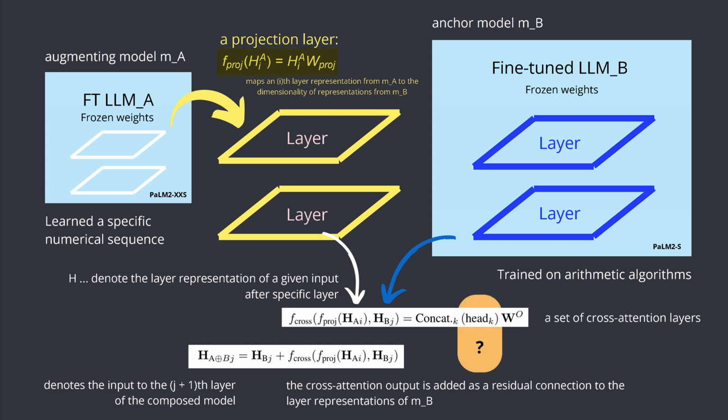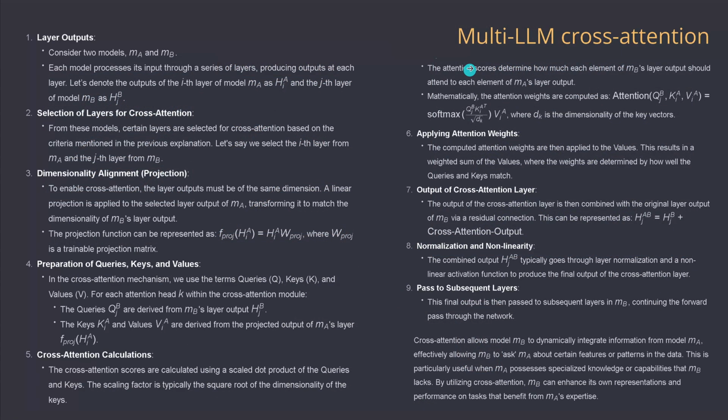Now, you noticed I just said the hat, you remember? But this expression is a little bit more complicated. So let's look at this hat configuration now in detail, how we can calculate a multi-large language model cross-attention. We go through the same mechanism again.